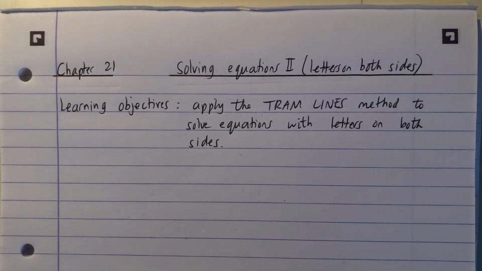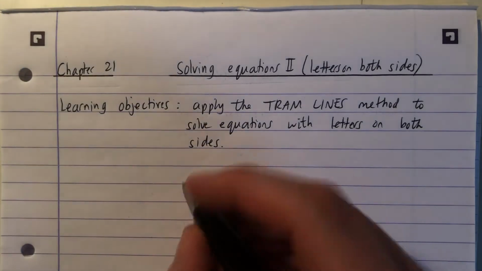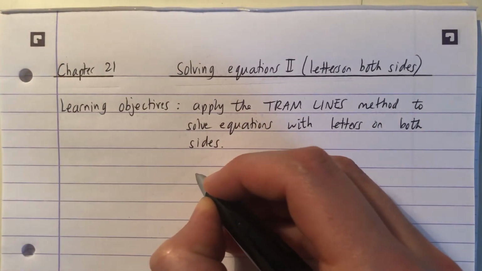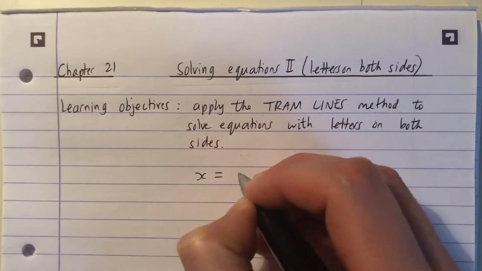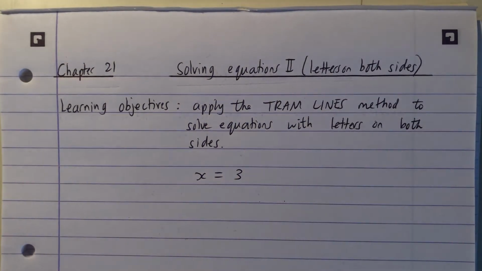If you remember a few lessons ago, I started with a very simple equation, and today I'm going to do exactly the same thing. Let's start off with the equation x equals 3. So I've given you the answer, x equals 3. Anybody remember how you can generate a one-step equation from this?